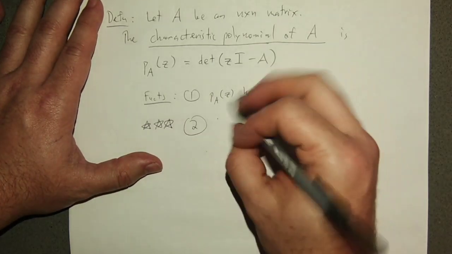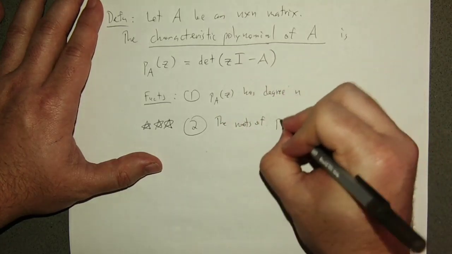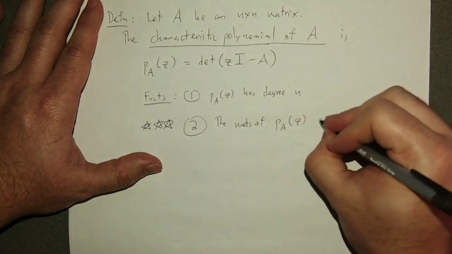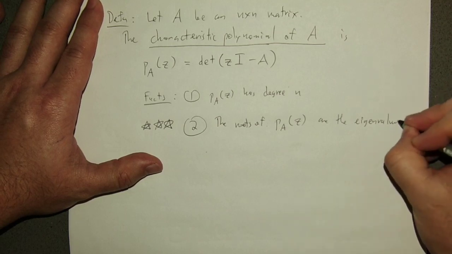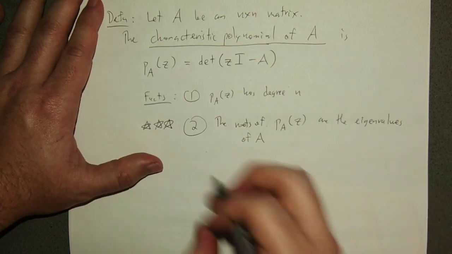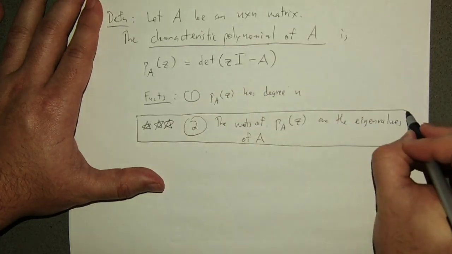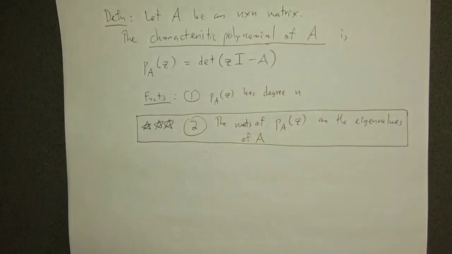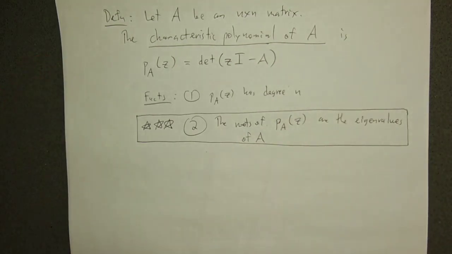The roots of the characteristic polynomial are the eigenvalues of A. This cannot possibly be stressed enough, because now I have given you a way of computing eigenvalues for A. I write out what this polynomial is, and then I find all of its roots.